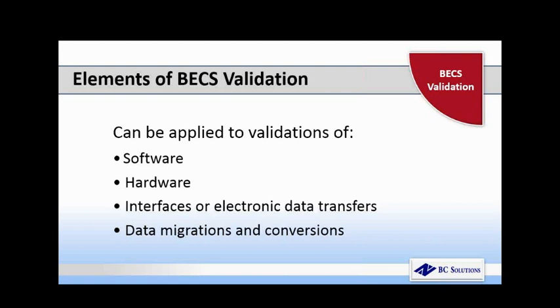You may want to apply this when you're validating new hardware such as new servers or any peripheral pieces that you're adding to your system, such as label printers or barcode scanners. You can use it to validate any interfaces that you have, whether it be an instrument interface to your blood bank system or electronic data transfer between two systems, such as what you would find between your HIS and your blood bank system, or a reference lab system to your system, or an instrument interface sending results to your blood bank system.